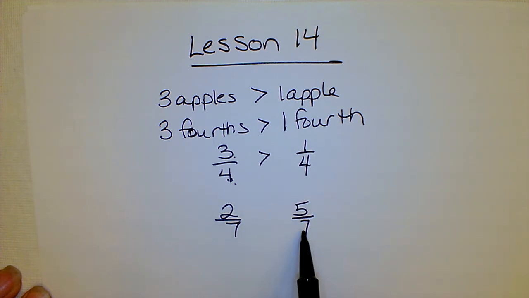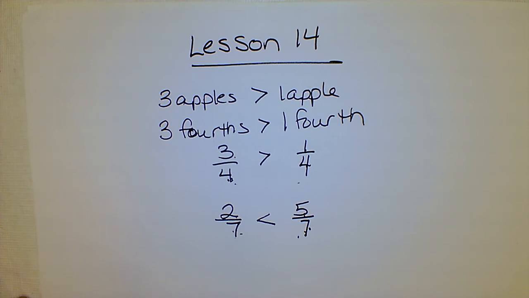Again, this is the size. Here I have 2 of those pieces. Here I have 5 of those pieces, or parts. So clearly having 5 of those, since they are the same sized pieces, is going to be larger. So that's one example of how we can compare fractions. We can take a look at the denominators, and if they are the same, then we can see how many of that sized pieces we have in each of the fractions.